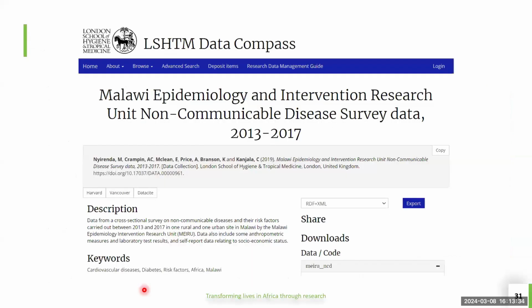This is the data set that we ended up with. So it got deposited at the repository at the London School of Hygiene and Tropical Medicine. Okay, so that's the example that I had.